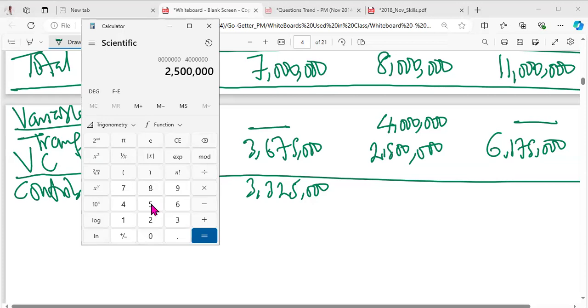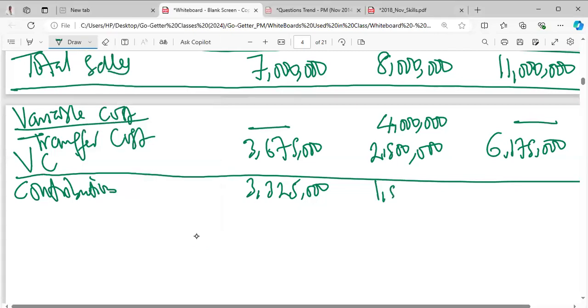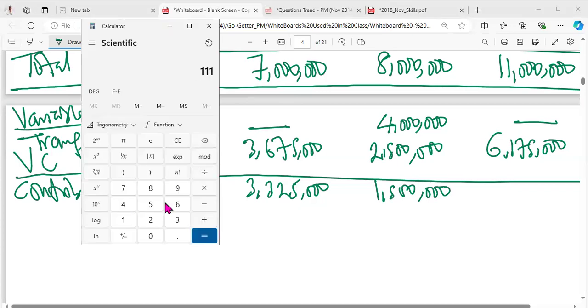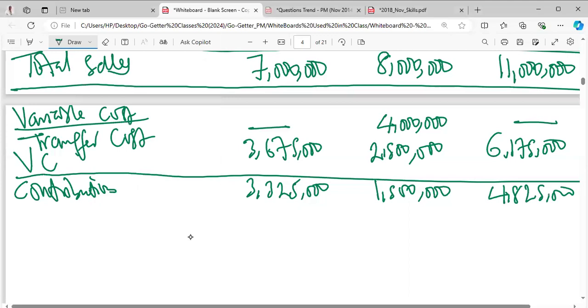Normally, I should have my total variable cost, I didn't have that, so I'm just doing it straight. So your contribution is 1,500,000. The contribution here is not going to affect. So this is 11 million minus 6,175,000. Contribution is 4,825,000. Yes, that's it.